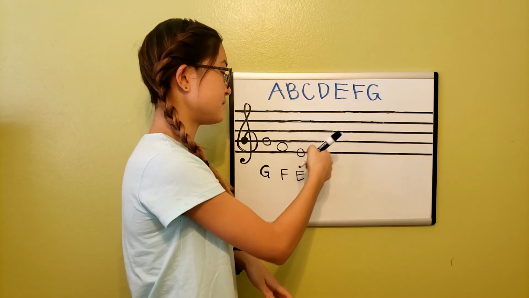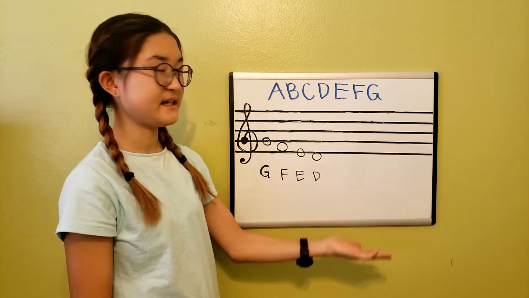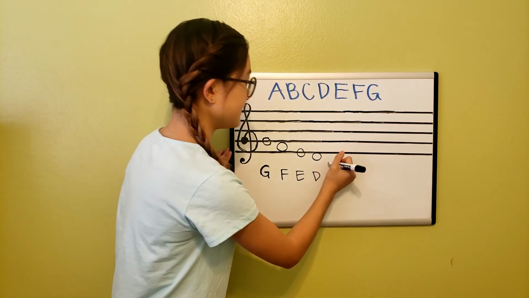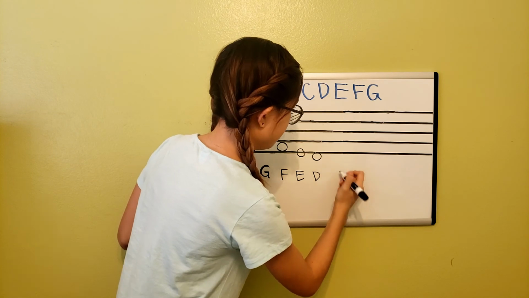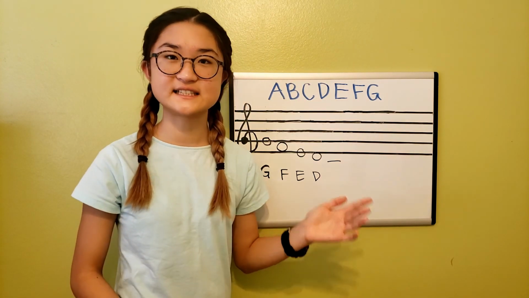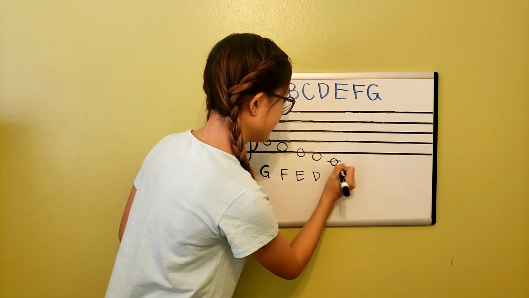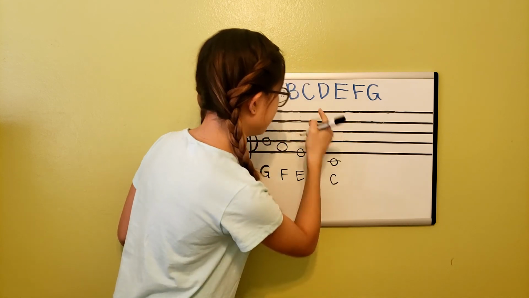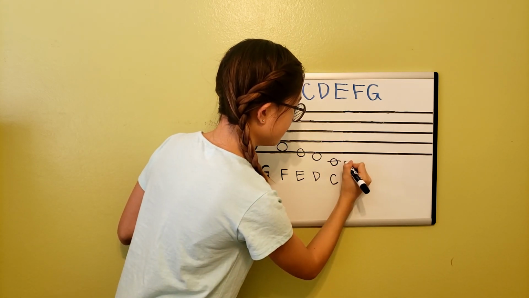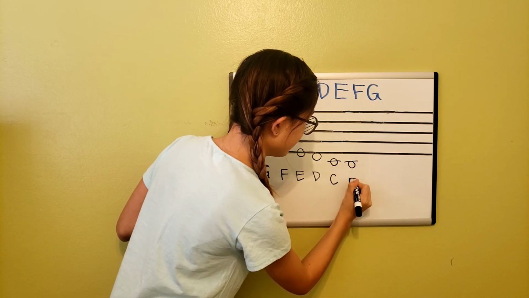And we have to put note C on the musical staff, but it seems like there's no more space for us. So what we do is we add a line here to seem as if the staff had 6 lines. And we put our note C right here. Then for B, we put the same line and we just put the note under.